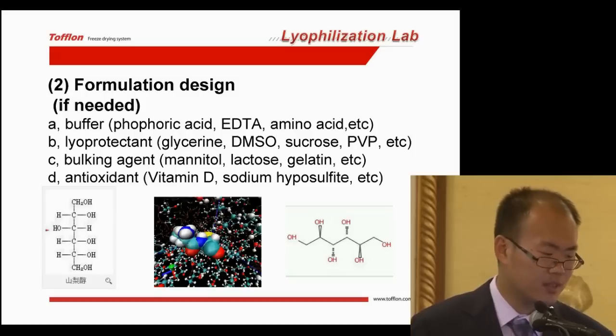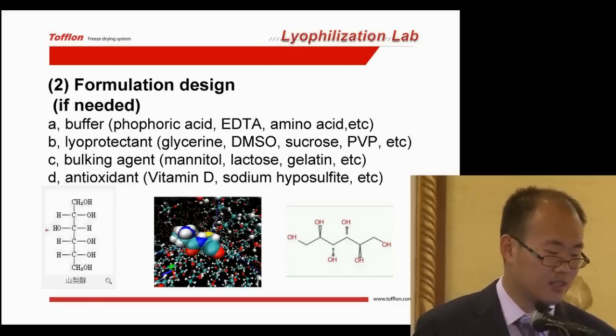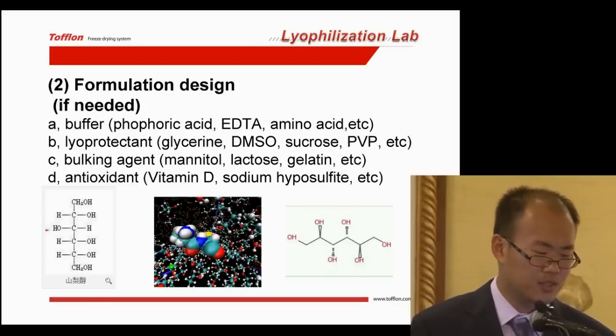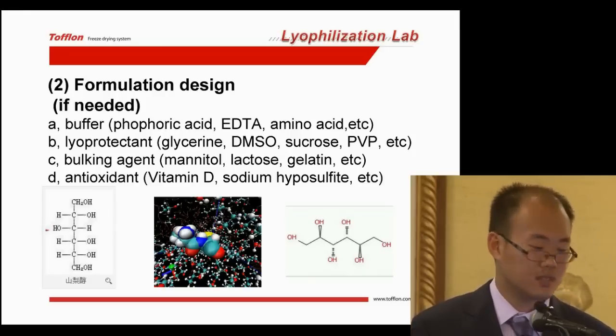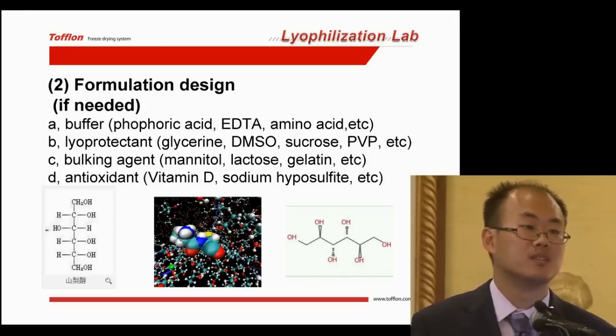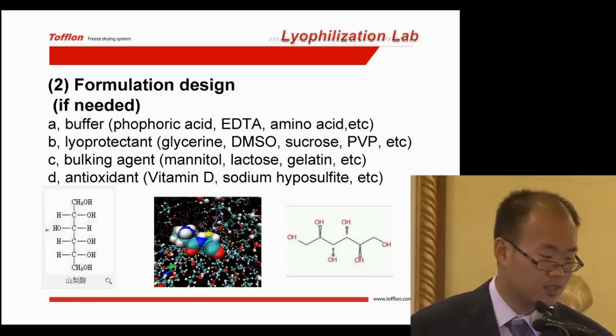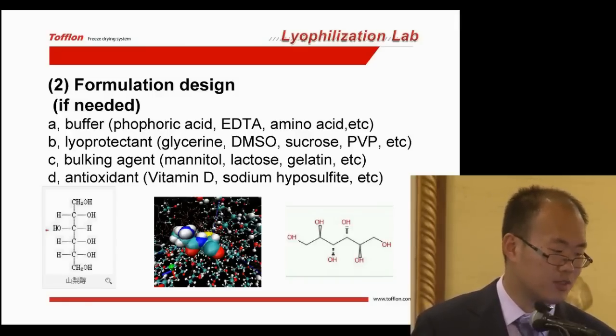And the lyoprotectant can protect the main drugs. The third one is the bulking agent, mannitol, lactose, gelatin, and so on. And the fourth one, antioxidant. With these four functional chemicals, we design the formulation.